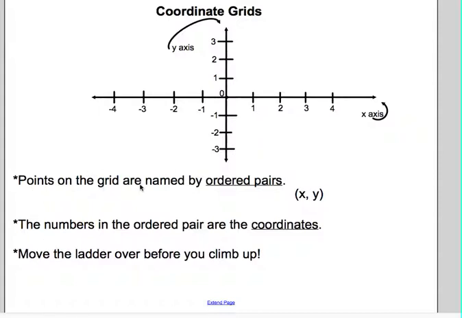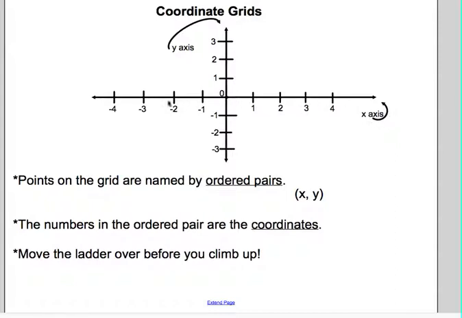Points on the grid are named by ordered pairs. That's what we call these ordered pairs. Okay, when there's parentheses, a number, comma, another number, parentheses. Okay, we write this x, y when we don't yet know what the coordinates are for inside. X means that's the number for the x-axis.